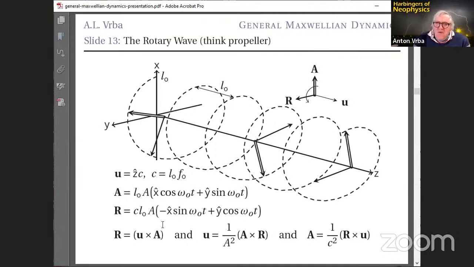But a rotary wave only exists at the point ct along the z-axis in this case. It is not a traveling plane wave. There is nothing behind it or before it. In other words, should this hit you, it would be an impulse.